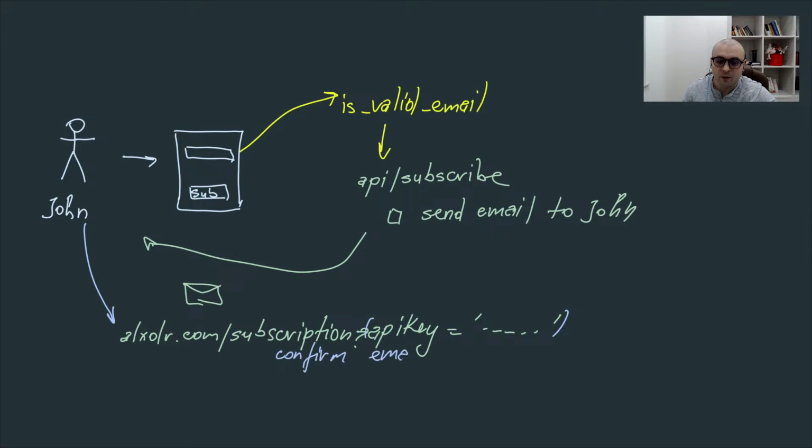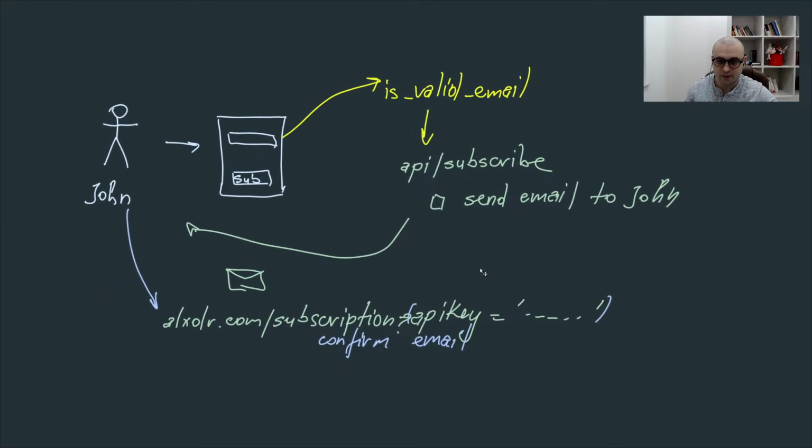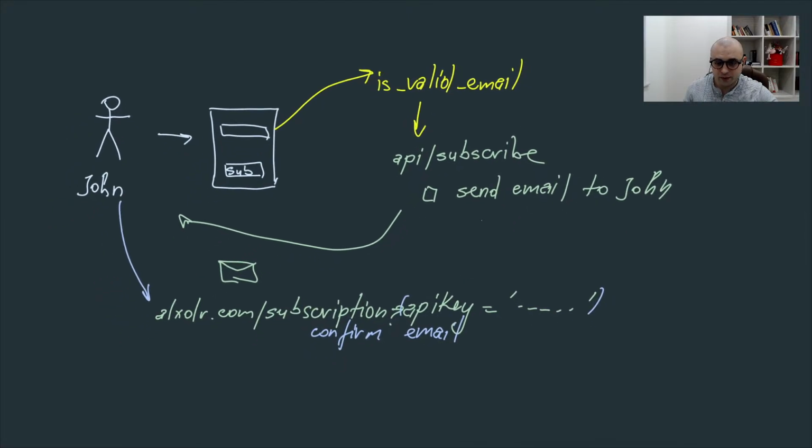If John doesn't click on this, or maybe it's possible that he will not receive this email, we'll need to think what we can do about that. Probably we'll send another email.